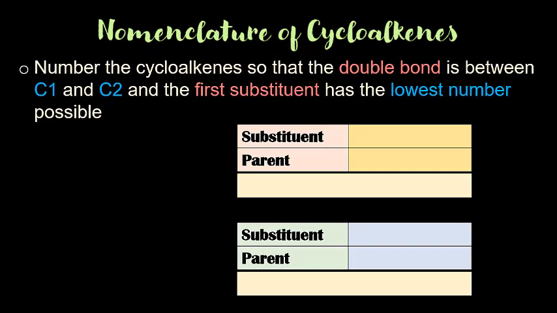For cycloalkenes, a number is not needed to denote the position of the double bond because the ring is always numbered so that the double bond is between carbons 1 and 2. To assign a number to any substituent, count around the ring in the direction, clockwise or anti-clockwise, that puts the lowest numbers into the name.